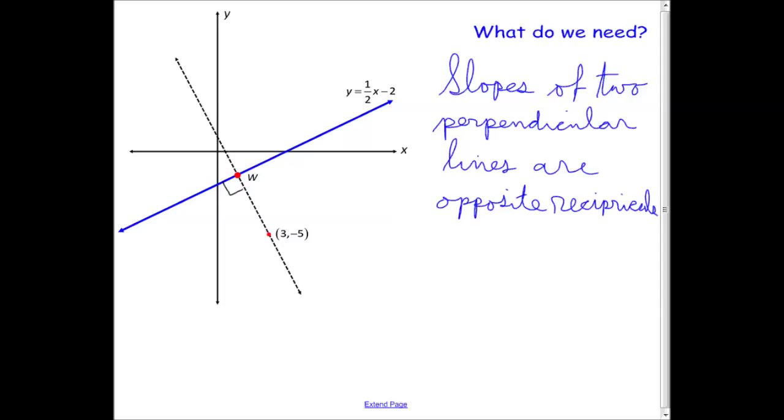But if the slope of one of my lines, well, I can pull it right out of the slope-intercept form. That slope is 1/2. So the slope of any line that's perpendicular to that line should be the opposite reciprocal.